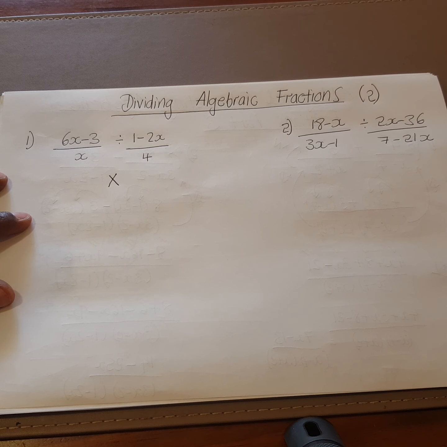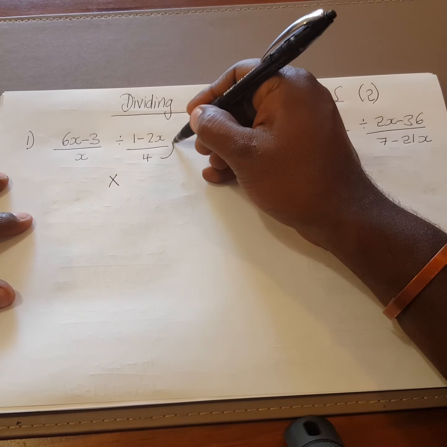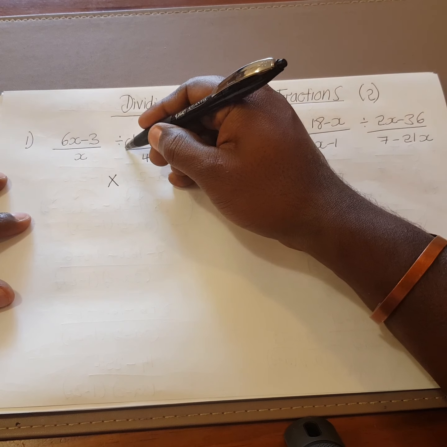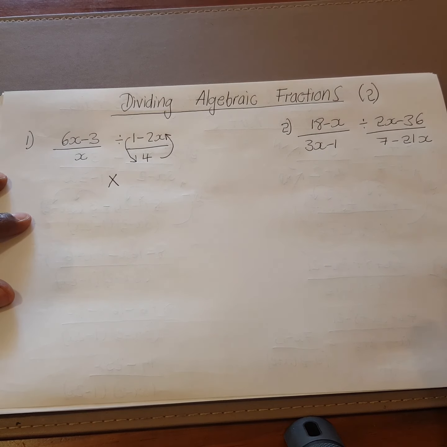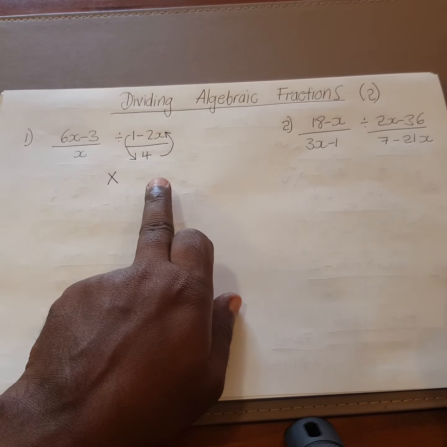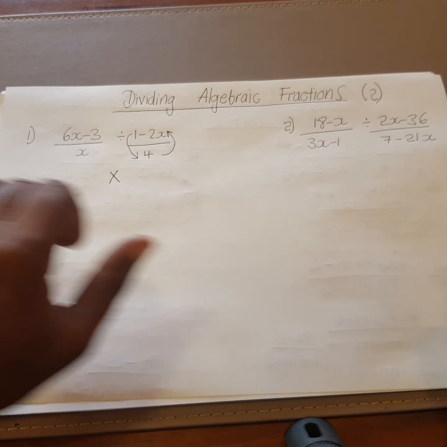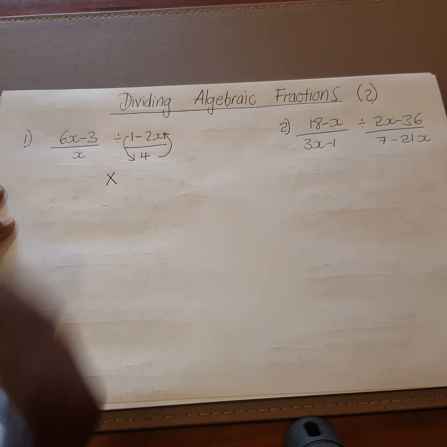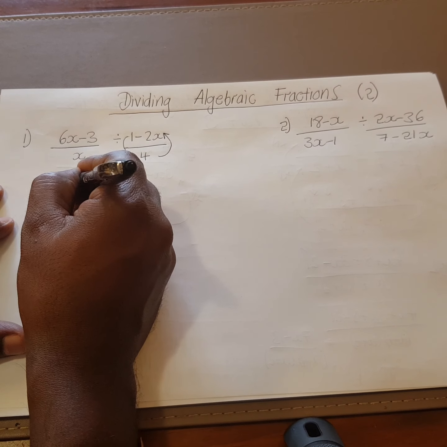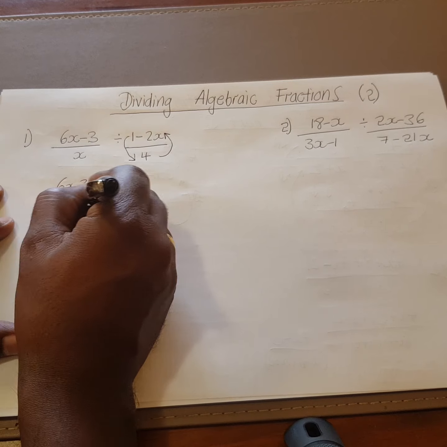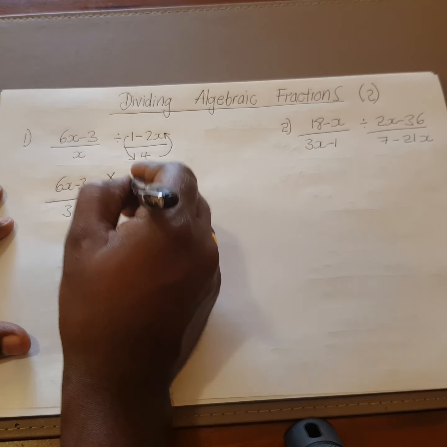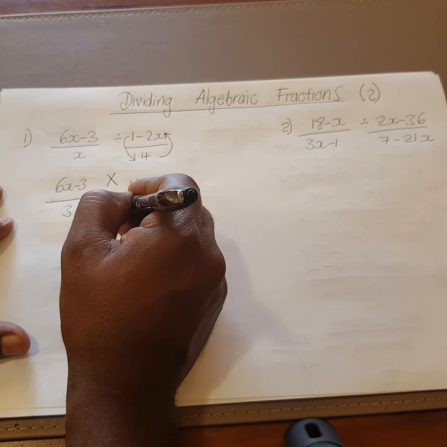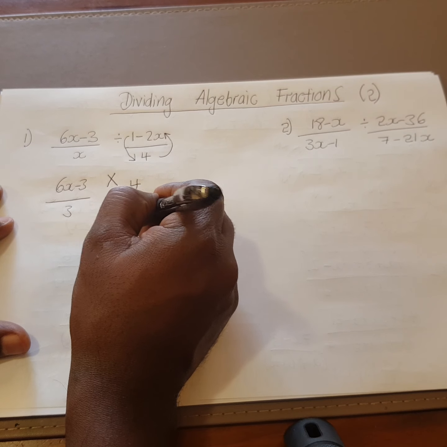The next is to swap the numerator and denominator. I'm more comfortable doing it on the right-hand expression. So we get 6x minus 3 over 6 times 4 over 1 minus 2x.